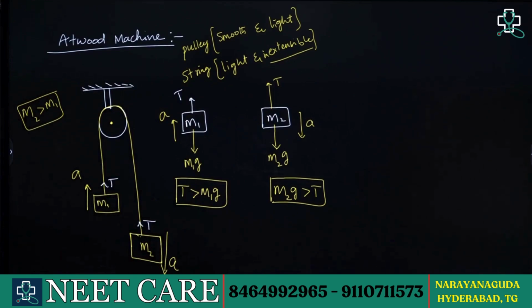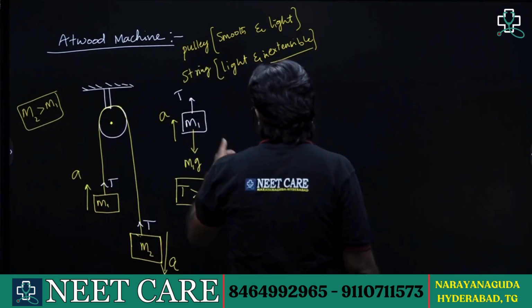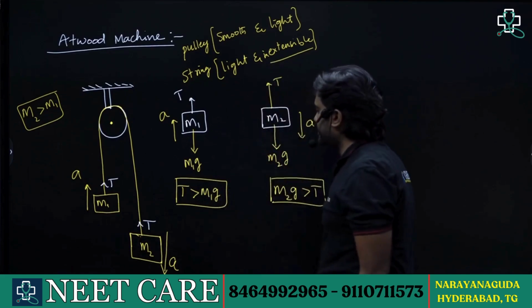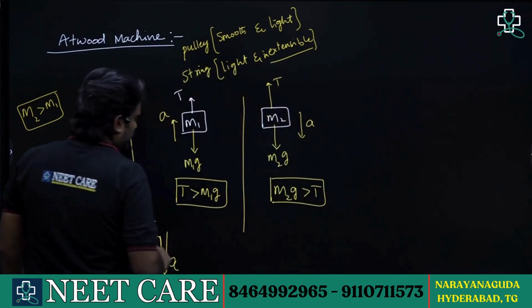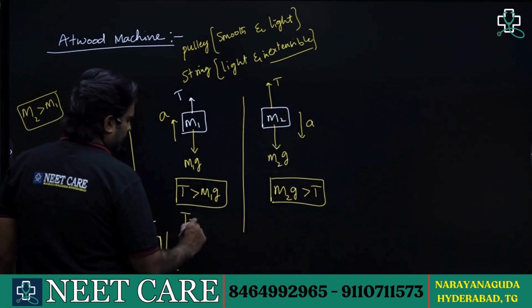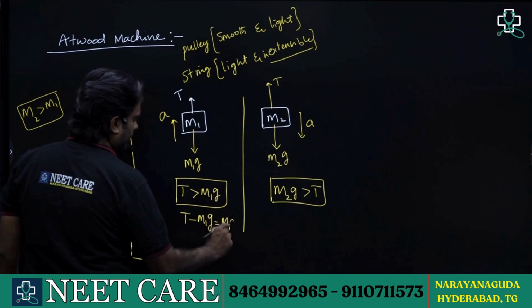The Atwood machine, simple Atwood machine: 2 blocks, 1 string and 1 pulley will be there. And if you want to calculate the tension as well as acceleration of M1 and M2, the motto itself is to understand the motion of the blocks. You need to take the free body diagram for M1 and M2 like this. Now here if you take the net force equation, you will write T minus M1G is equal to M1A.